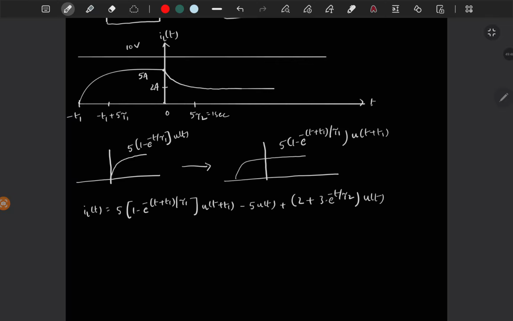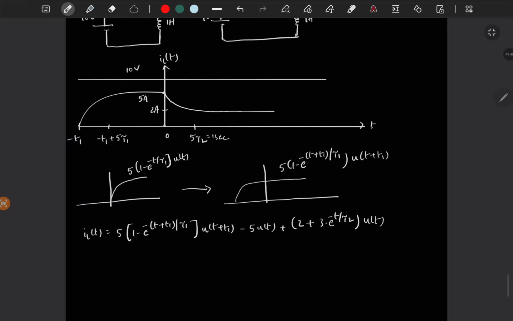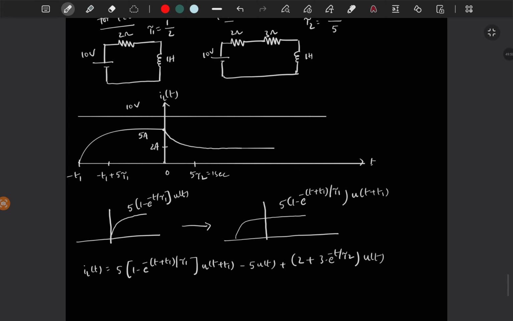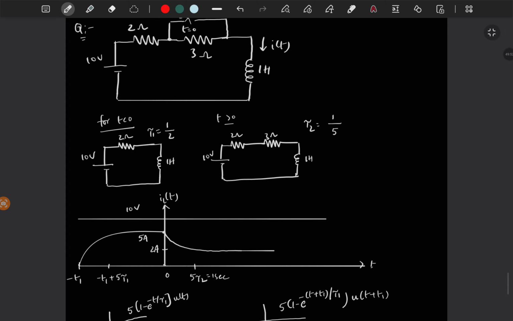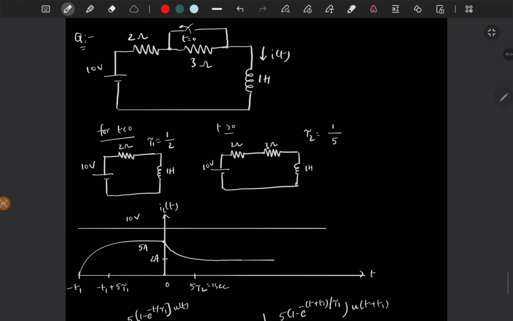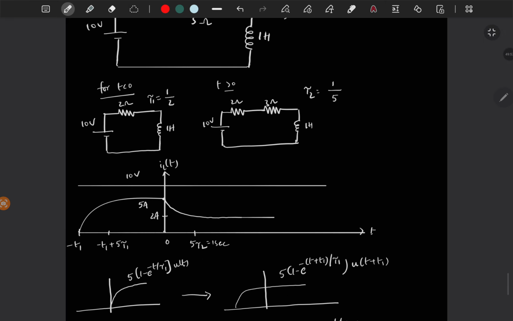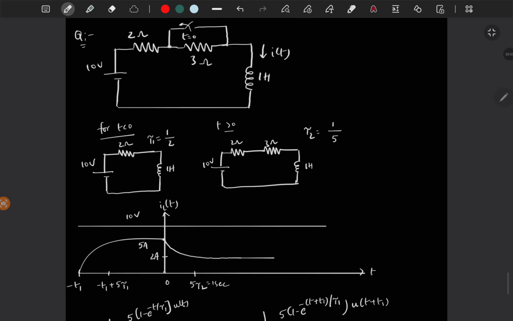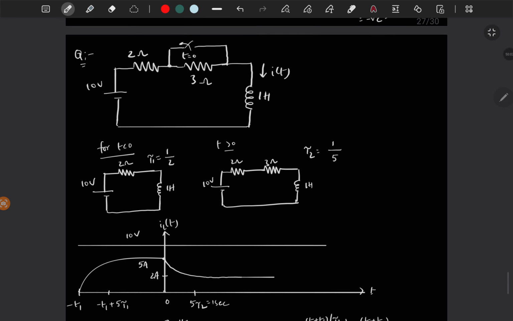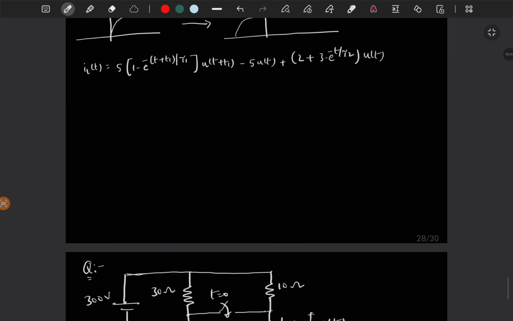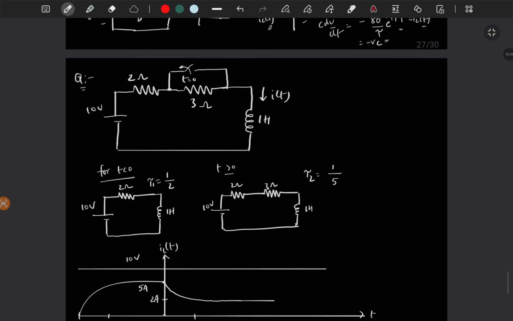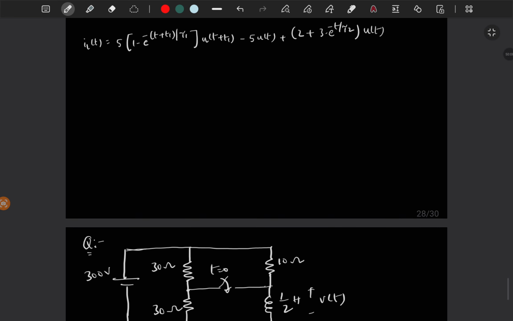So this is the complete inductor current equation. And ignore the equation, intuitively you have to draw this graph. That is the main objective of this course. So that is how this circuit will work, and you will get the current through the inductor.